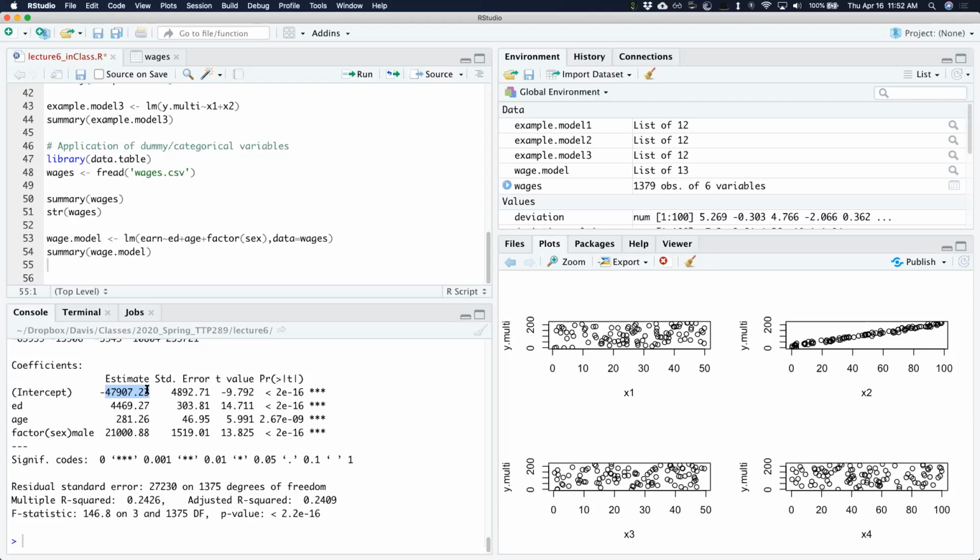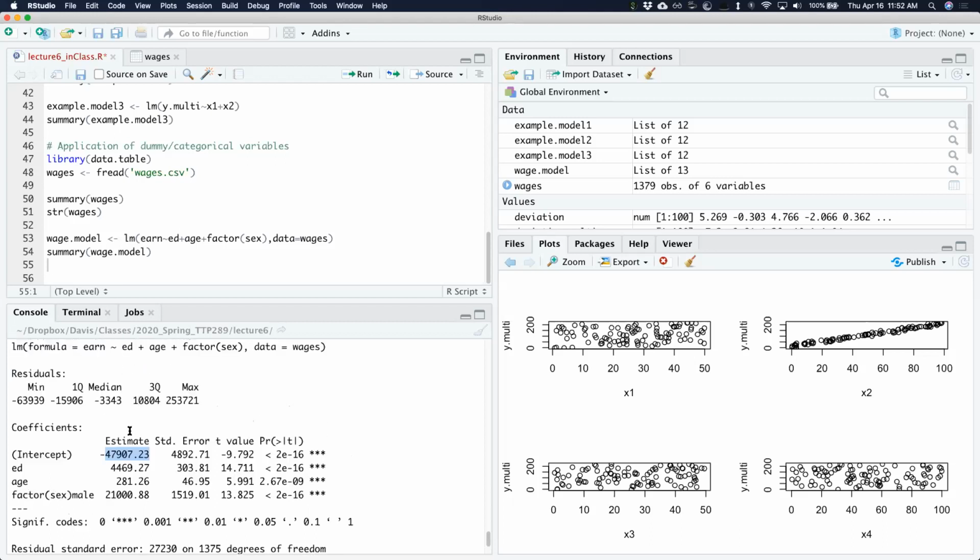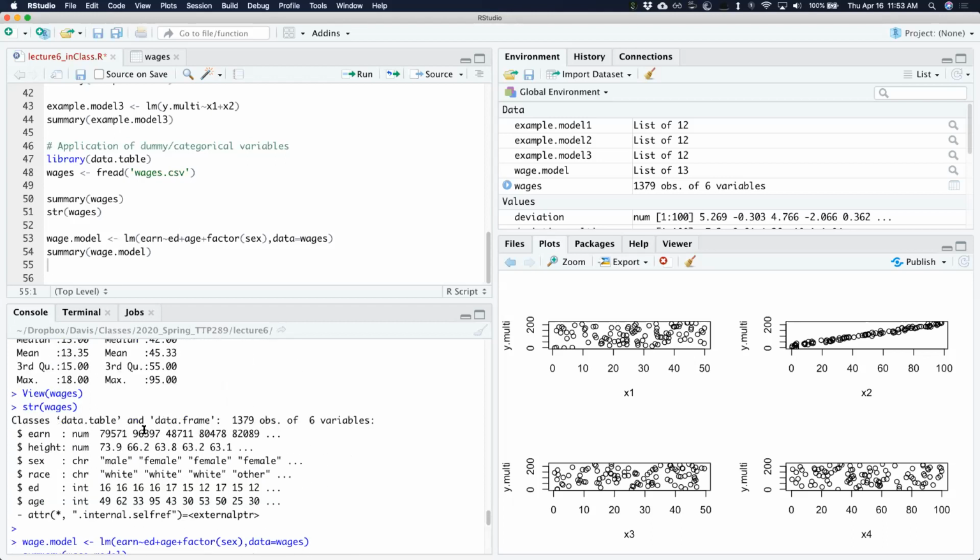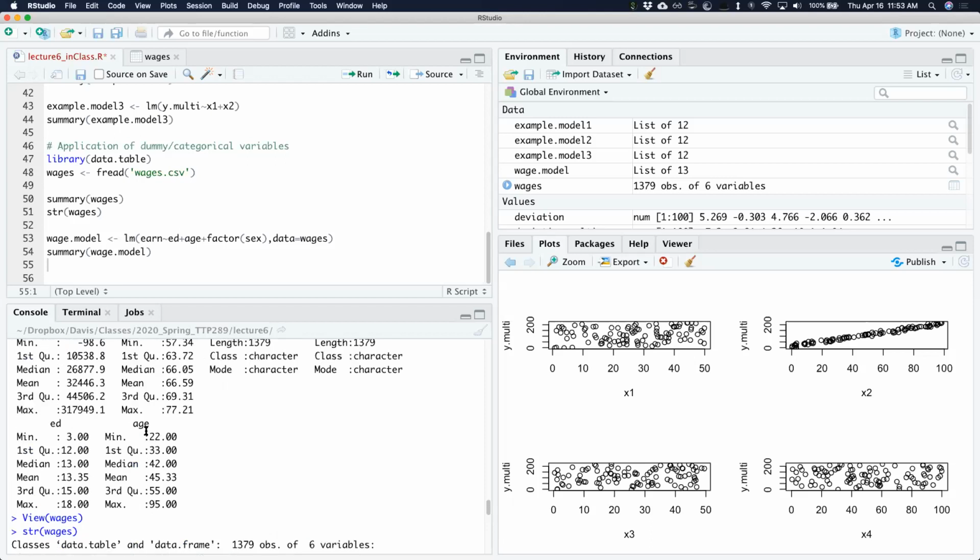That is a bit of a nonsensical number, but it's there because that's essentially where my fit line intercepts with the y axis. One of the things to note is that you typically never want to extend your fit to bounds that are outside of your data. The lowest age that we have is 22, and the minimum education that we have is 3 years.